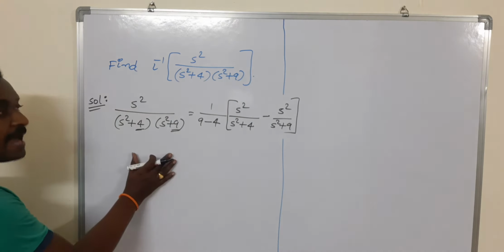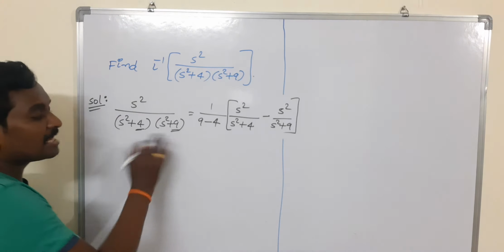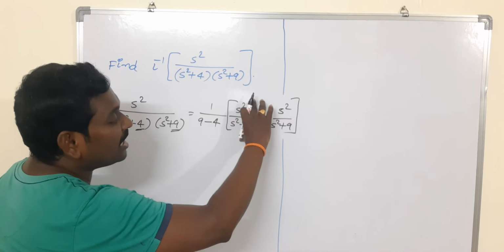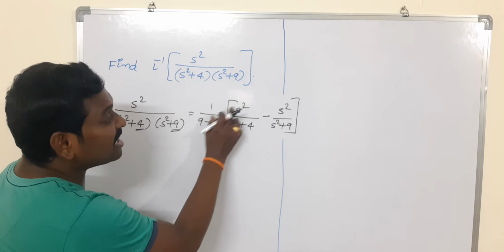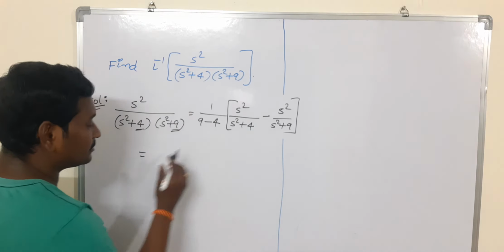But don't apply inverse Laplace transform here, because we do not have the formula for L inverse of s square by s square plus 4. That's why first simplify this one.